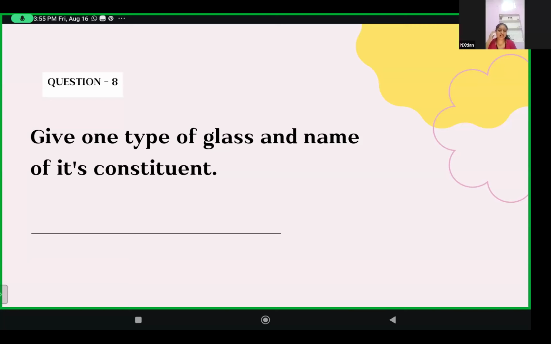You can just tell, if you don't remember the constituent, you can tell the glass name. A name of a glass is soda glass, and this is made by mixing silica with nothing.